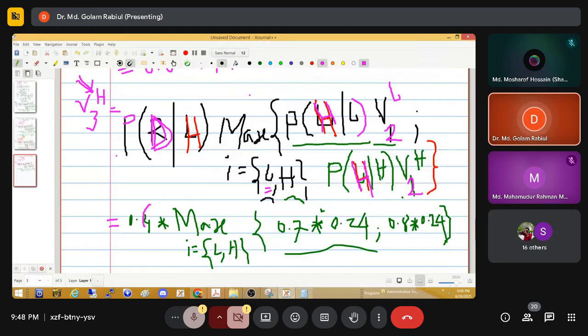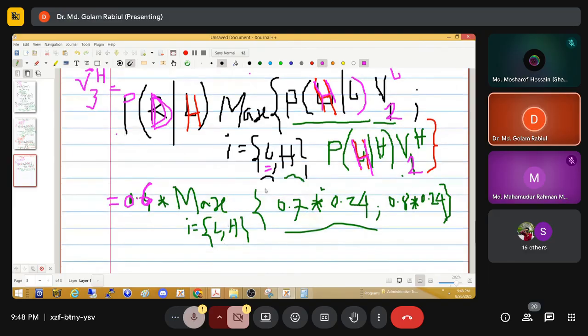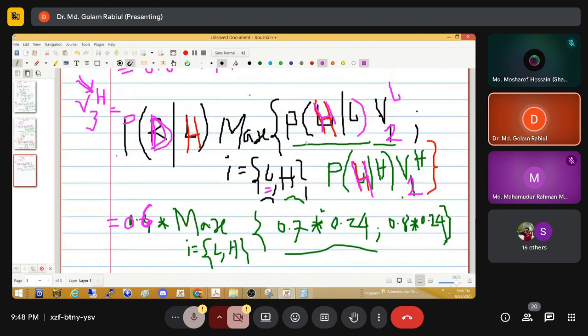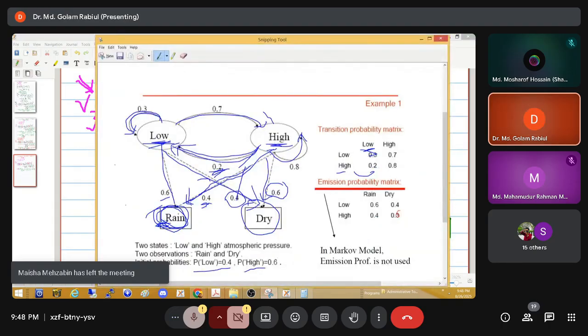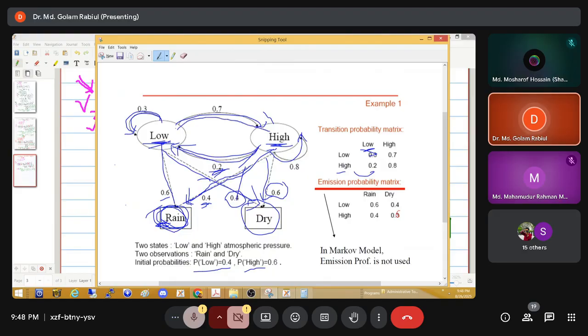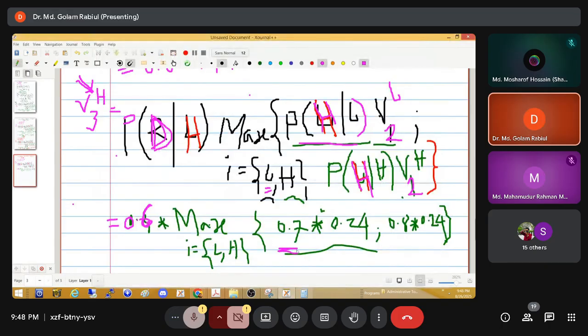That means this one will be 0.6 times max over L and H. In this case, probability of high given L from our model, probability of high given L is 0.7.